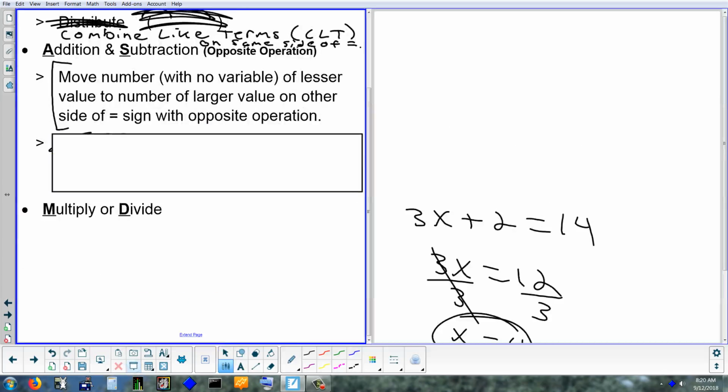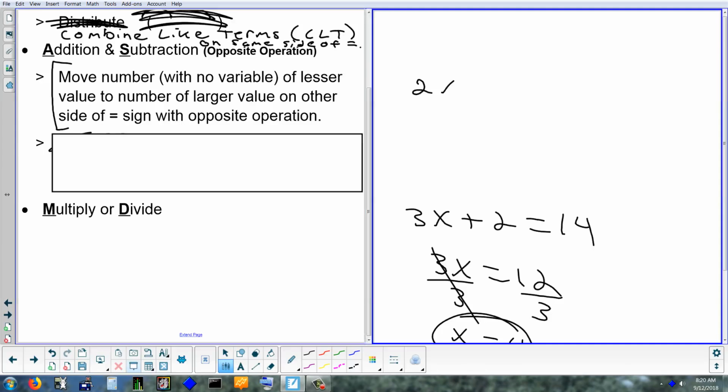So we've moved the number. You can also move, if you had something like this. Let's not make that a 2. Okay, so you start by putting all the numbers on the same side. So in this case, I would -8 from each side.